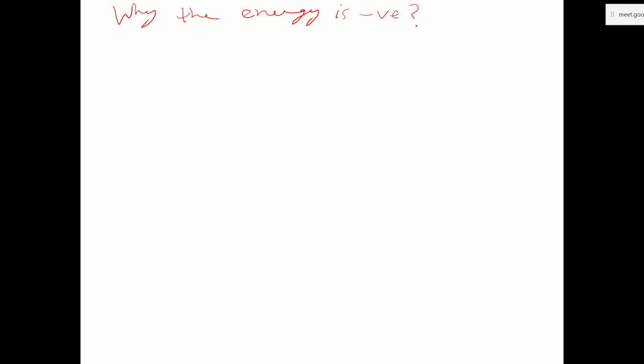So to answer this, you must try to understand how. So imagine the fundamental particle is proton, there's another fundamental particle electron, and these two constitute the hydrogen atom.